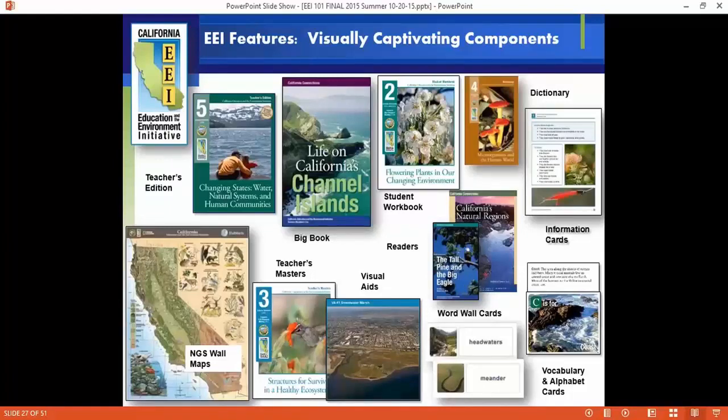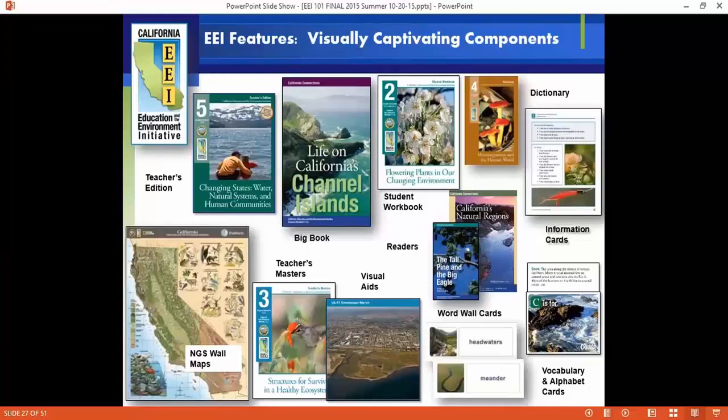Absolutely. So, of course, you would expect a teacher's edition. No surprises there, but I will say easy to follow. All of the material that you need is right there in the unit, in the teacher's edition. It keeps your life simple.